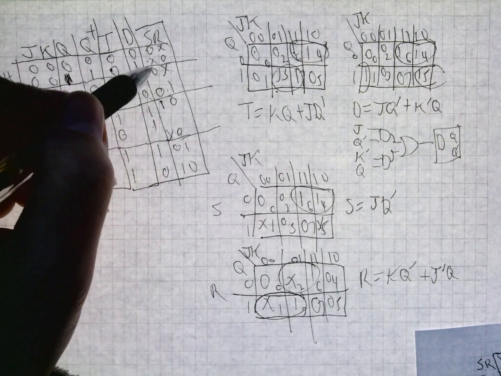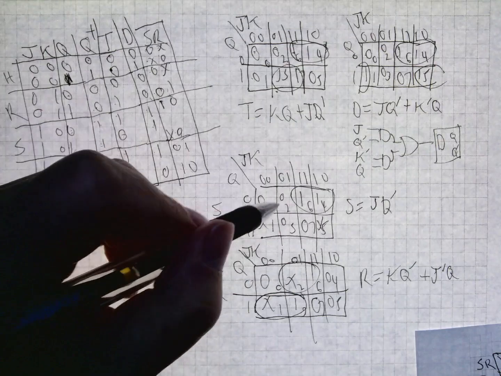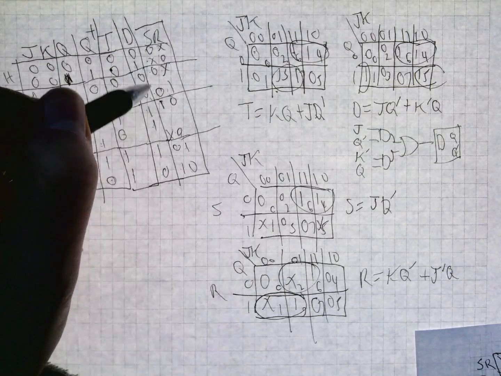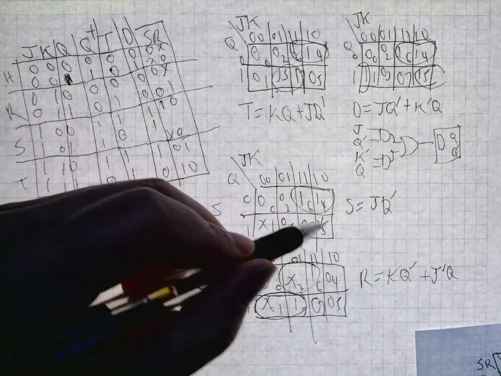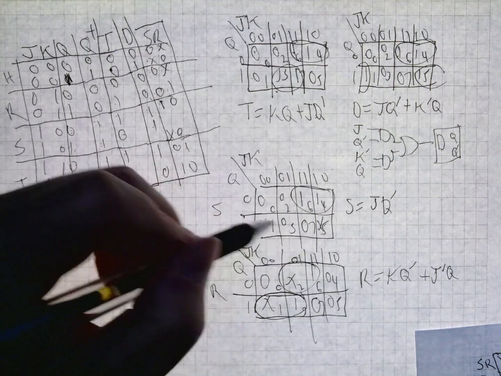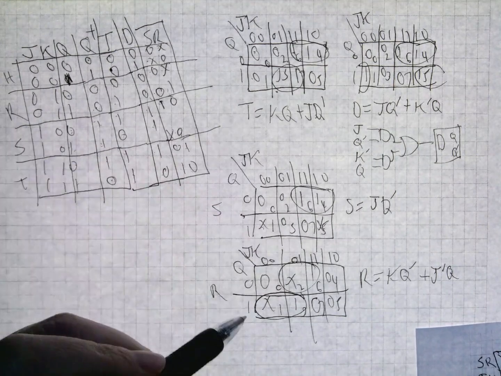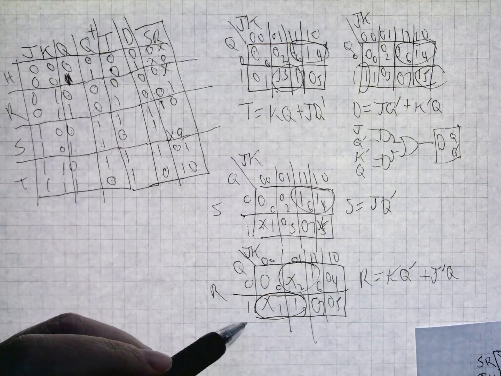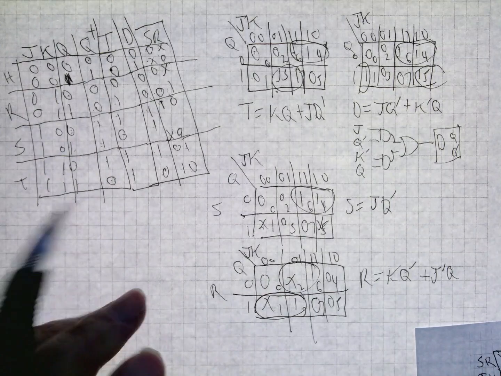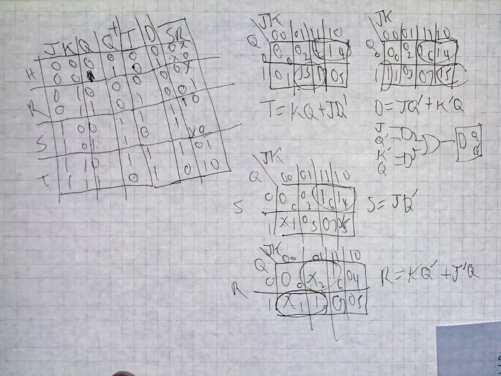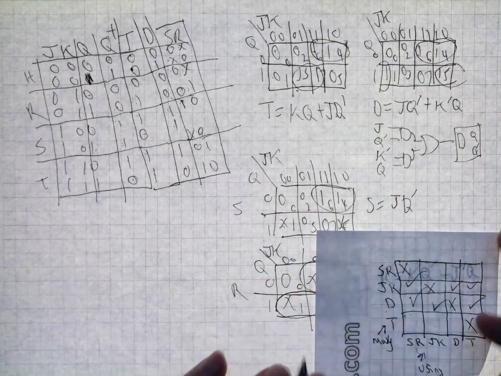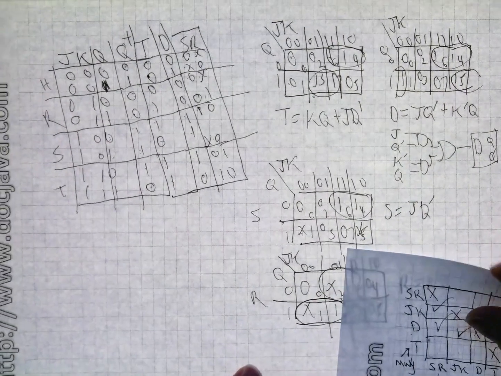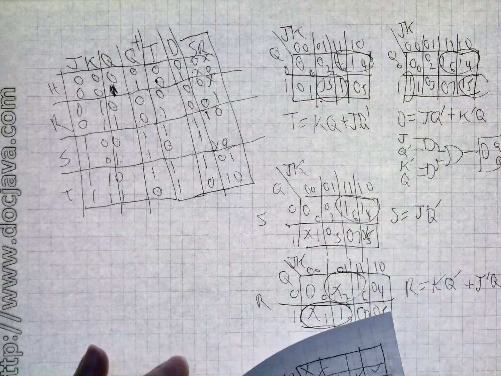That was 0x00, 0x00. Just checking my work. 1x01, 1x01. Right, you don't need to loop those x's down there. They're the don't cares. So I think that looks pretty good. And so that's how you go through the rest of the row. And now you can do the rest on your own.